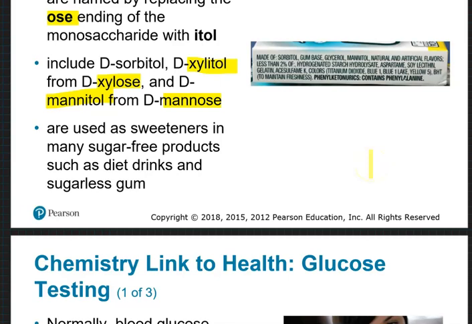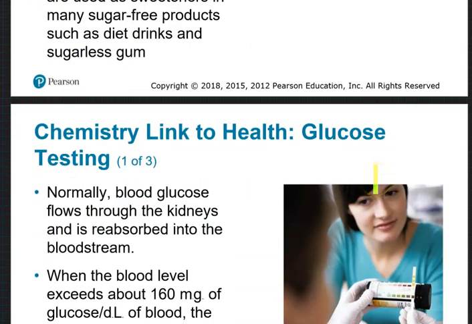Now, why is it important that those sugar alcohols are not fermented by the microorganisms in your mouth? Because if they would be, you would have acid formed in your mouth, and that would negatively affect your enamel. In this case, in a sugarless gum, it is safe. It is safe to chew it. Okay?